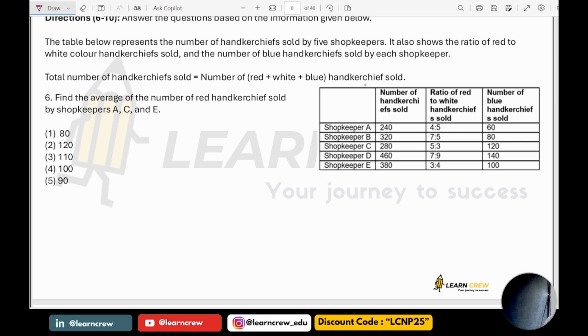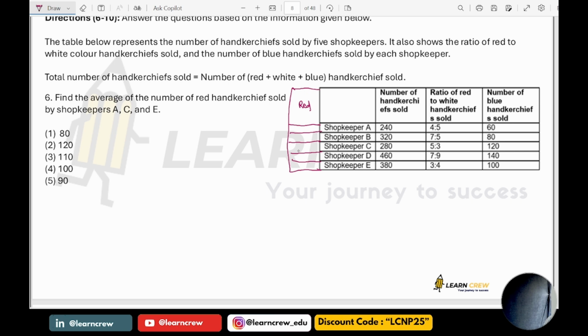Find the average number. So here see what is given. Let us find out the red value now. Red handkerchief sold by each.